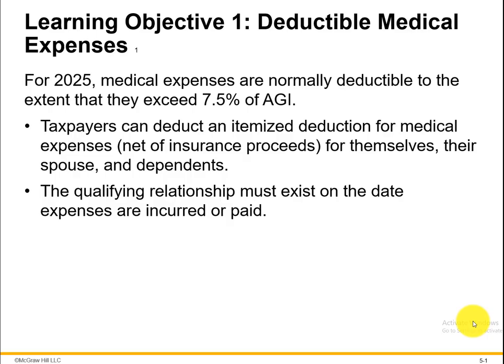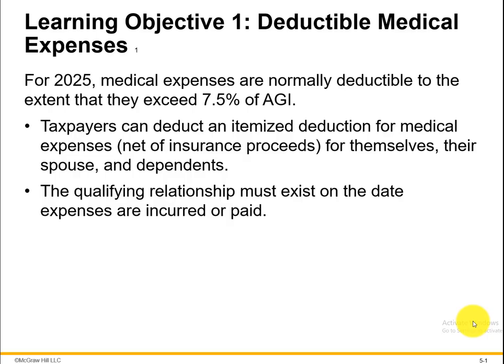If your AGI is calculated at $100,000, you don't get to deduct any medical expenses until they exceed 7.5% of that, or $7,500. So if you had $5,000 of medical expenses, they don't help you. They're not counted.